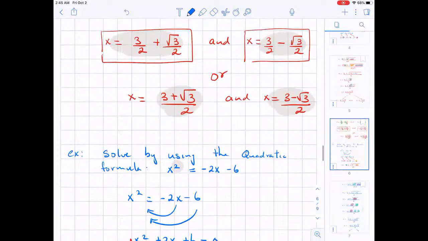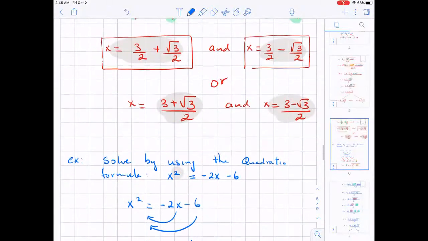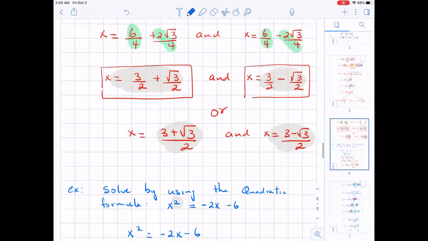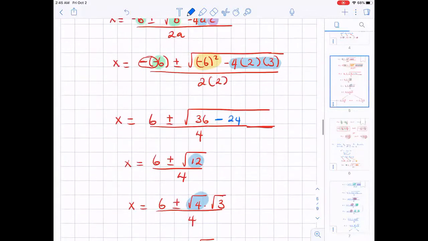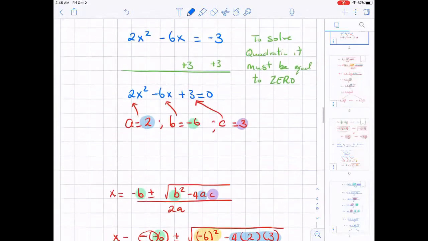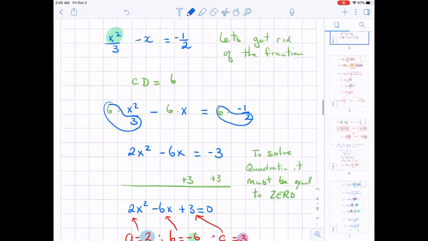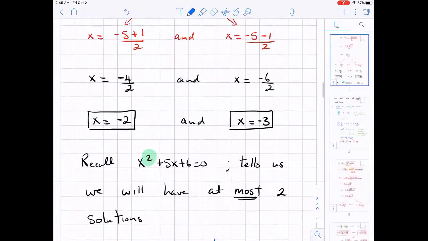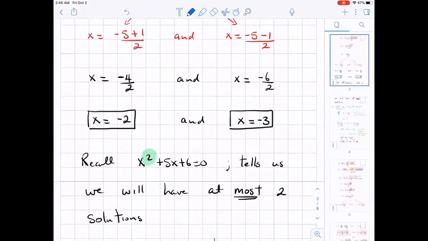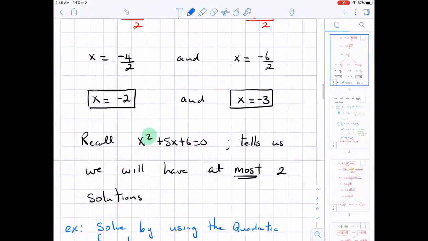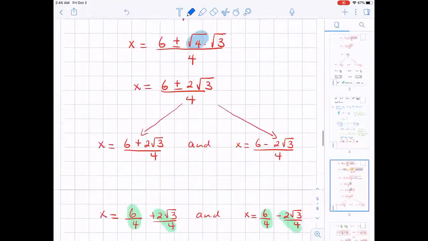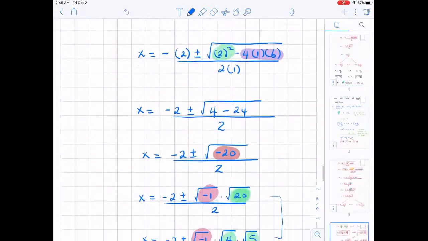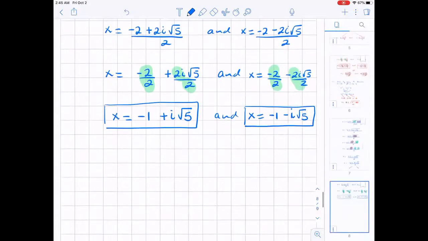These are real. They may not look pretty, but they're real. Likewise, in our first example, we also had two real solutions. x was equal to -2 and x is equal to -3. So there's also a case where, when the discriminant happens to be 0, we wouldn't have two real solutions.